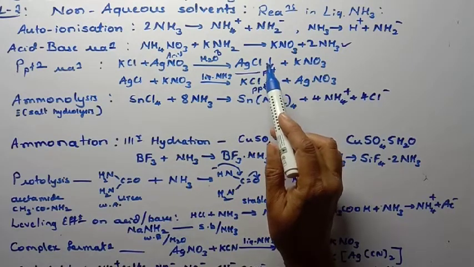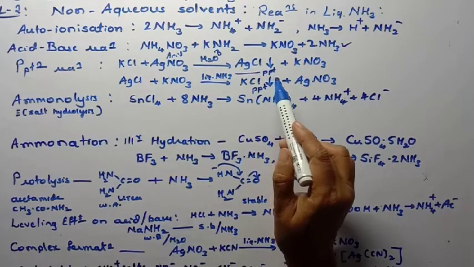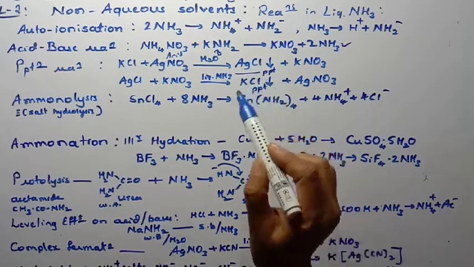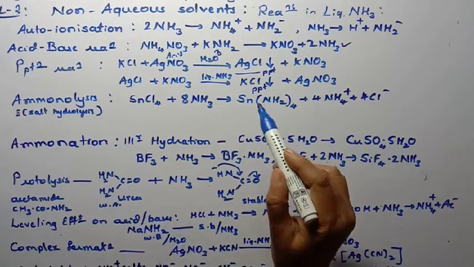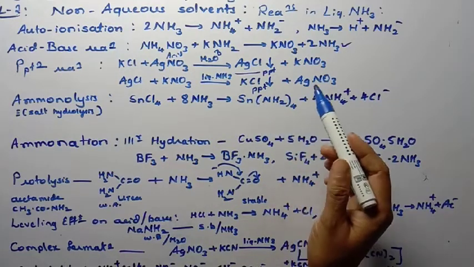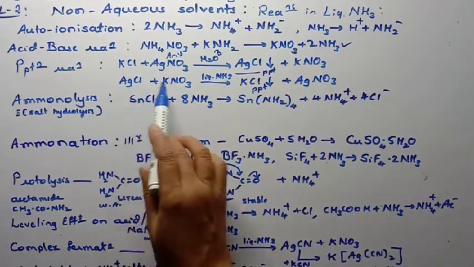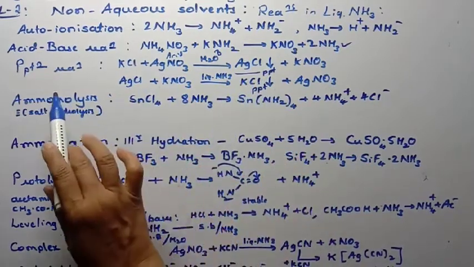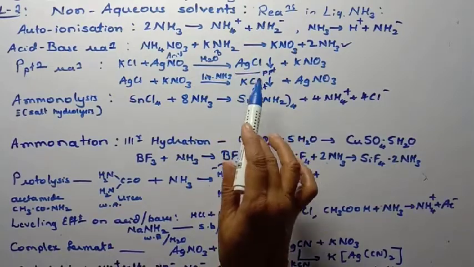There are many reactions which are normally not possible in water, and they are possible in liquid ammonia or in some other solvents. See, this is one of the examples. That depends on the solubility of the compounds.